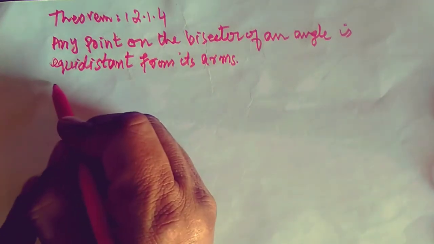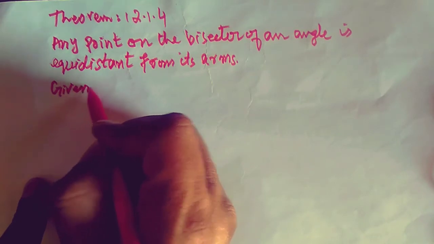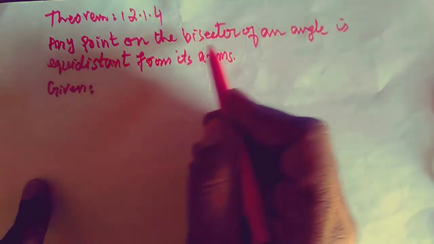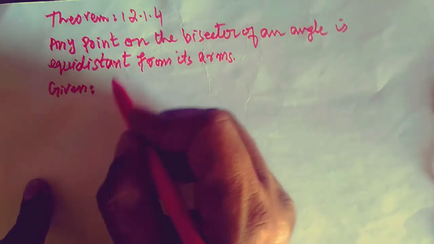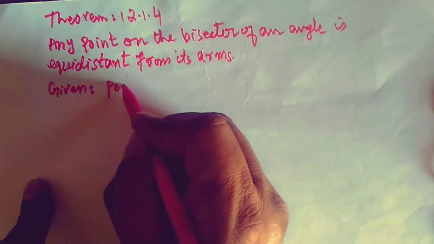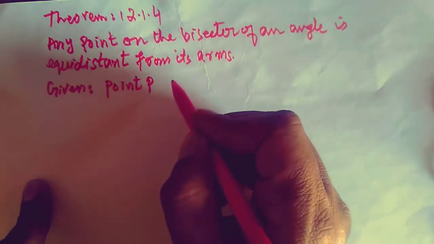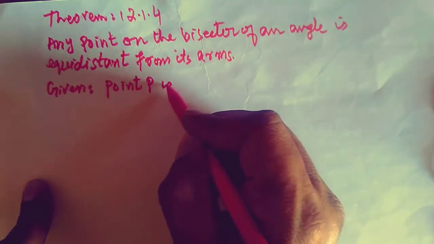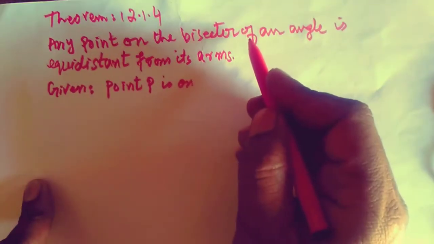So it's given: any point on the bisector of an angle. Suppose point P is on the bisector.